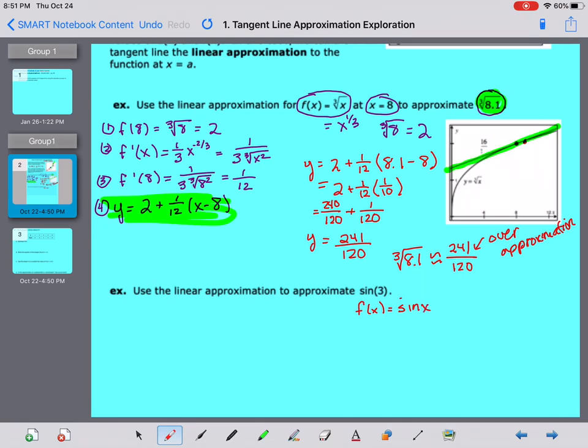And then what I want to do is choose a value that's close to 3 that I can actually calculate sine of. When we talk about trig, we talk about trig in terms of radians, so pi's. So I want to choose a pi value that's close to 3. So I'm going to choose x equals pi, because pi is about 3.14, which is a value that's close to 3. So I'm going to use that to actually calculate what the sine of 3 is.